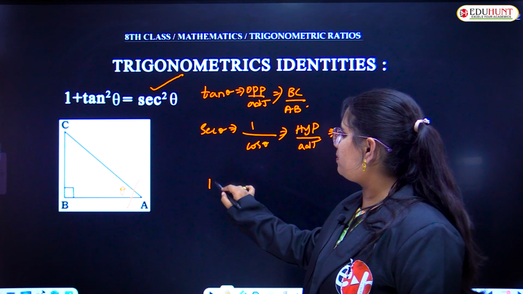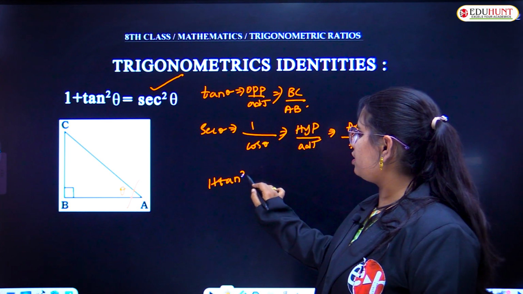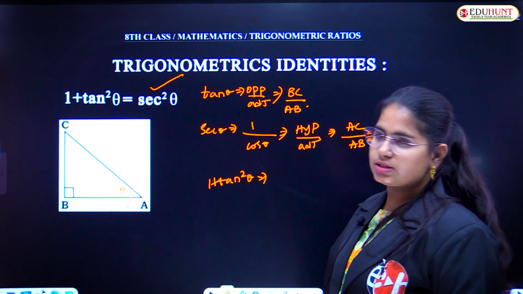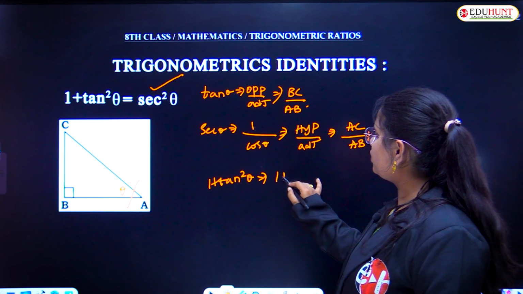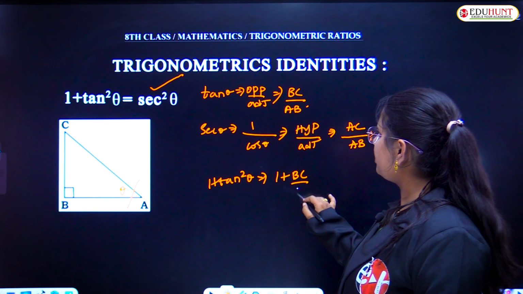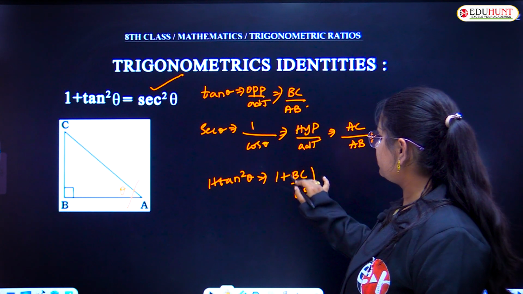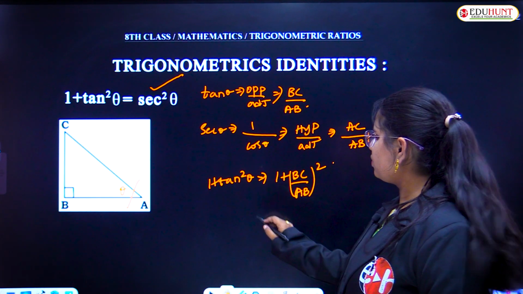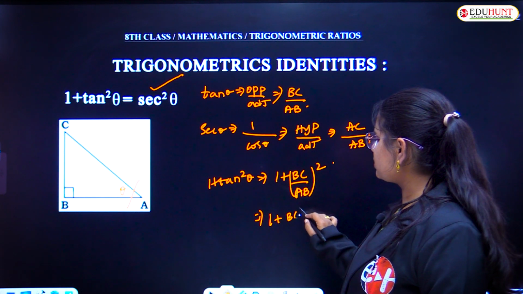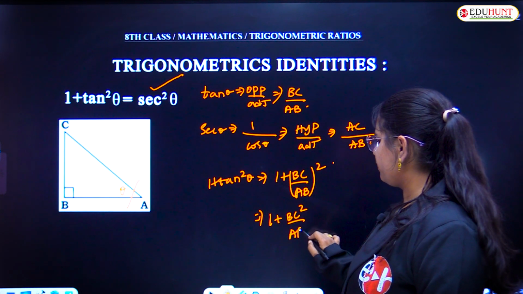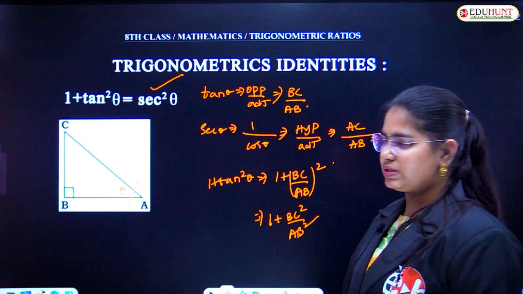Just consider 1 plus tan square theta. 1 plus tan square theta is equal to 1 plus BC by AB whole square, which is 1 plus BC square by AB square. If I take LCM, what will you get? AB square plus BC square by AB square.